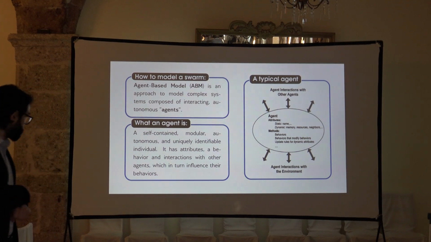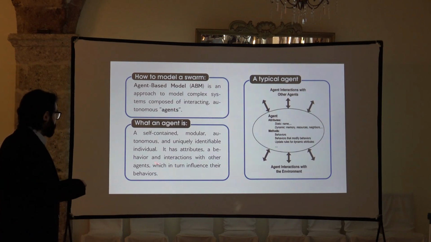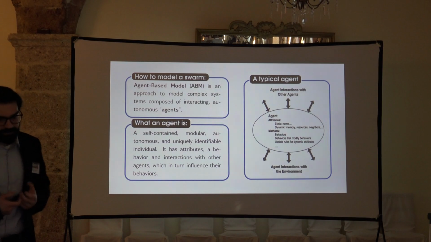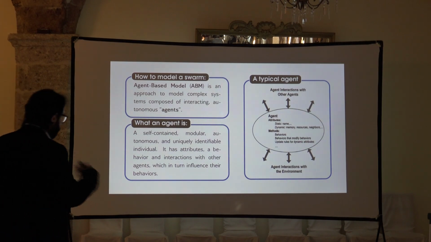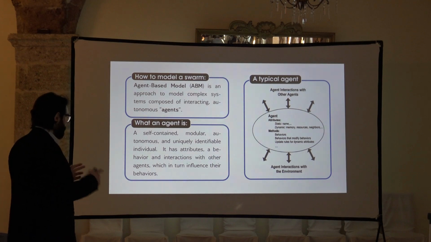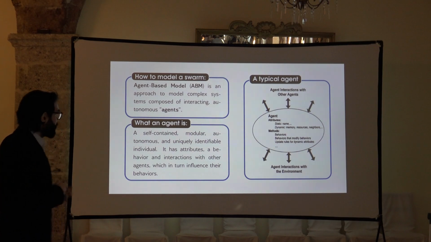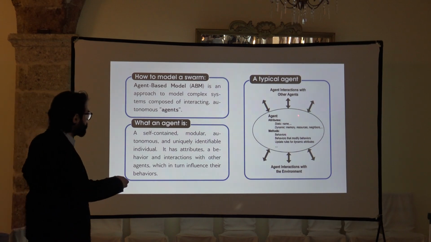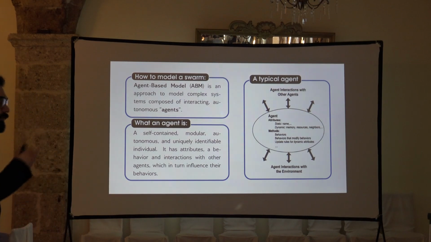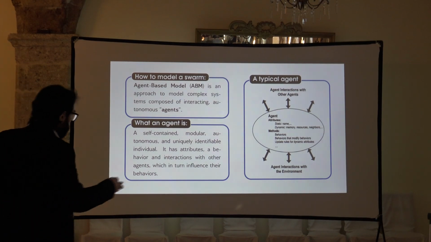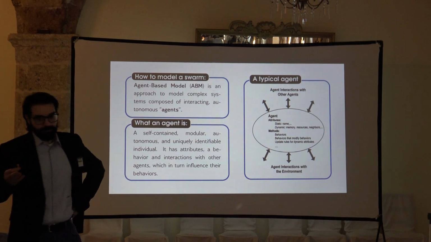Let's see the way. The agents of the swarm, because agent is the right word, are uniquely identifiable individuals that are characterized by attributes like, for example, the position in our case, or the role in our case, and methods, which are the behavior.